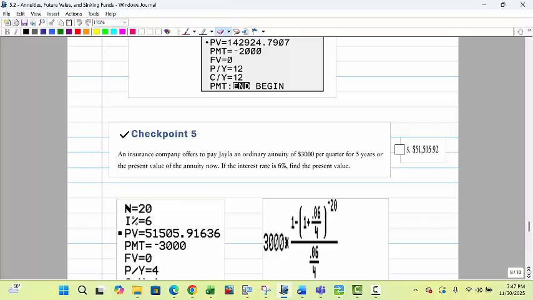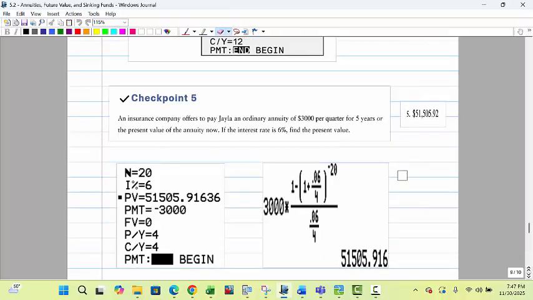All right. So let's try this one out. An insurance company offers to pay Jayla an ordinary annuity of $3,000 per quarter for 5 years, or the present value of the annuity now. If the interest rate is 6%, find the present value. Okay.